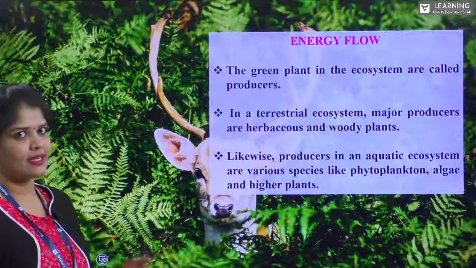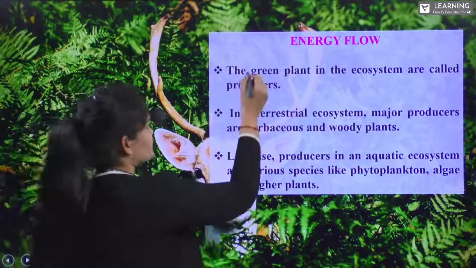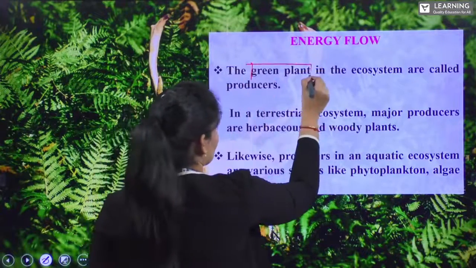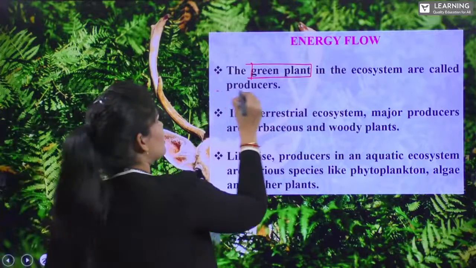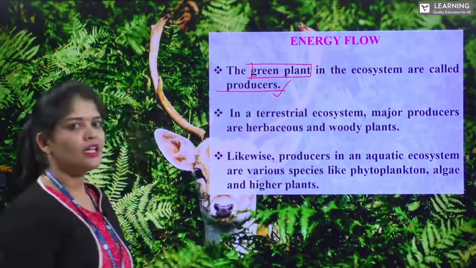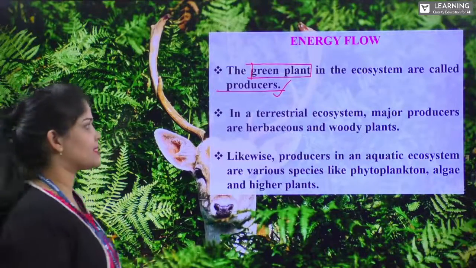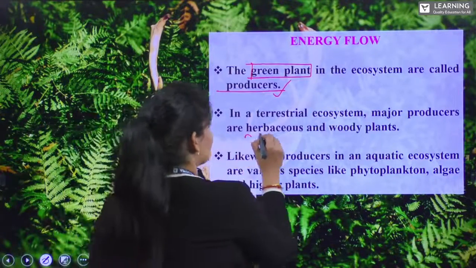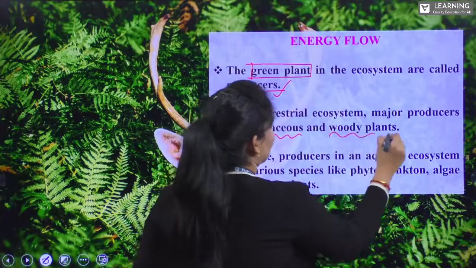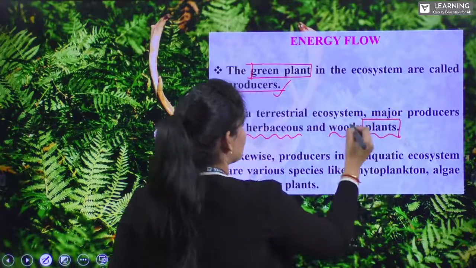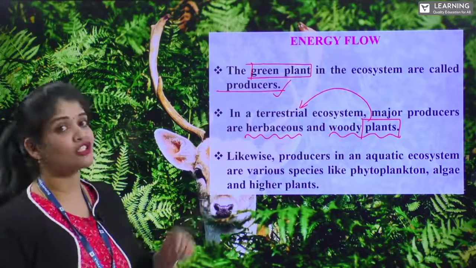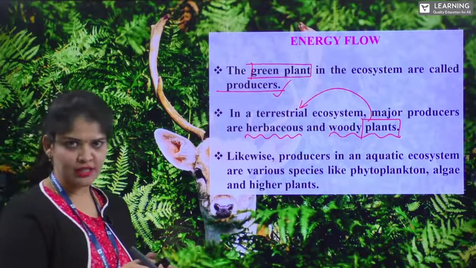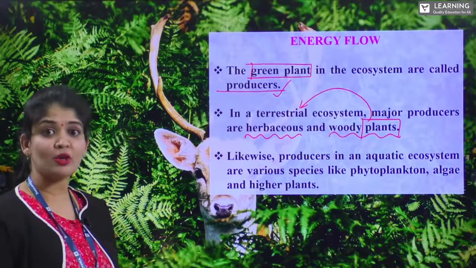So, let's understand. The green plants in the ecosystem are the producers. If it is the terrestrial ecosystem, the major producers are herbaceous and woody plants; plants are the only producers. That is if we consider the terrestrial ecosystem. Not only terrestrial ecosystems, aquatic ecosystems are also there.